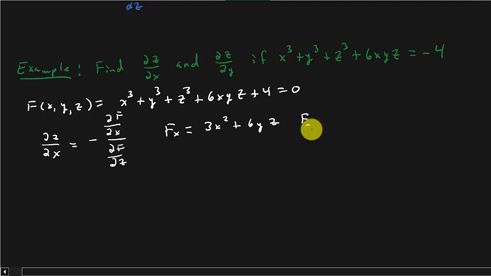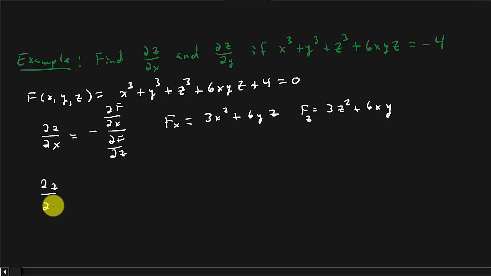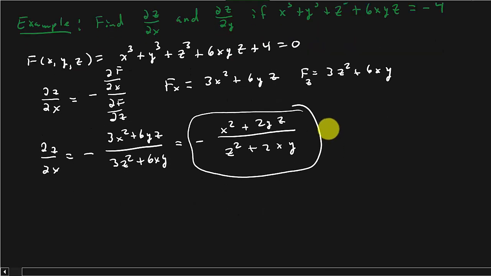And then the partial with respect to z is going to be 3z squared plus 6xy. And so now the partial of z with respect to x is negative 3x squared plus 6yz over 3z squared plus 6xy, which is negative x squared plus 2yz over z squared plus 2xy.